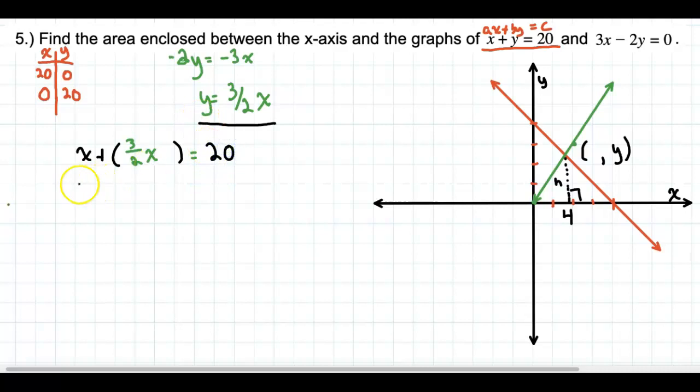Alright, so what are we going to have? That's going to be 5 halves x equals 20. Let's multiply by 2 to undo the division. So 5x equals 40, right? So x is equal to 8.